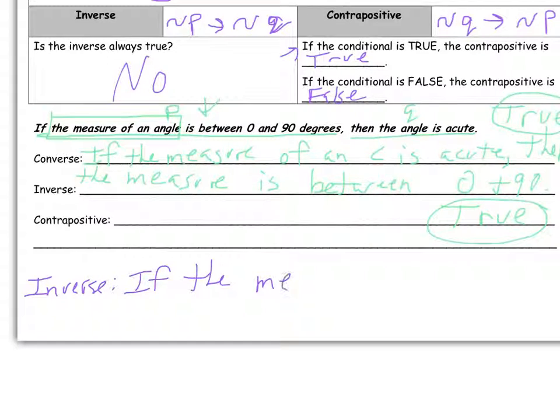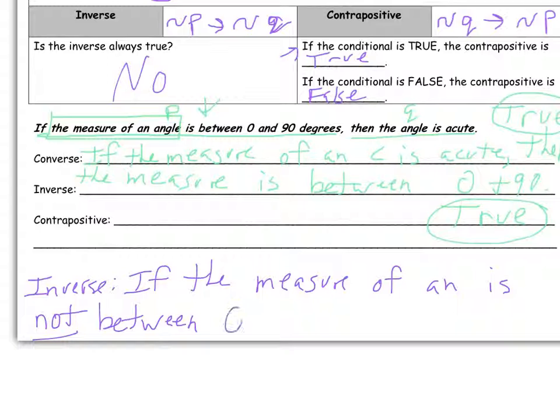If the measure of an angle is not between 0 and 90 degrees. Now here's where I write the negation of my conclusion.